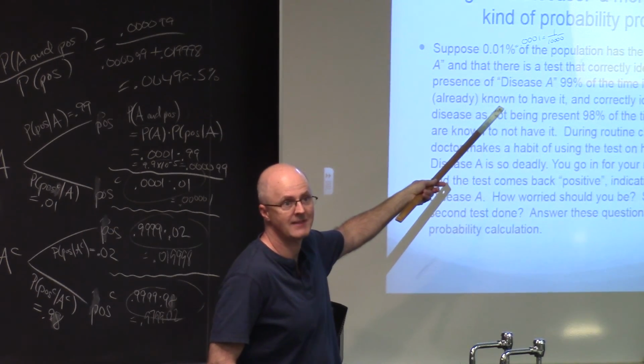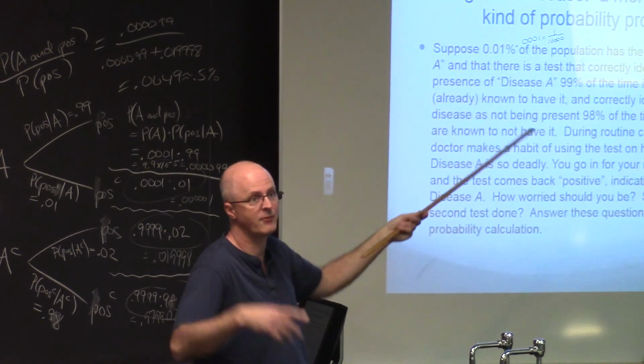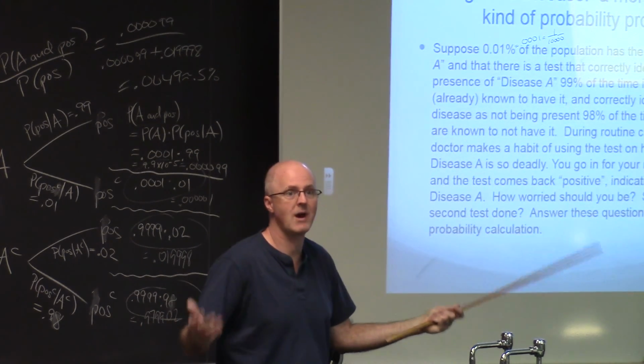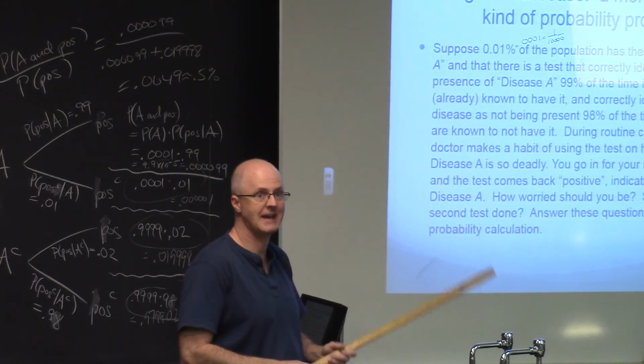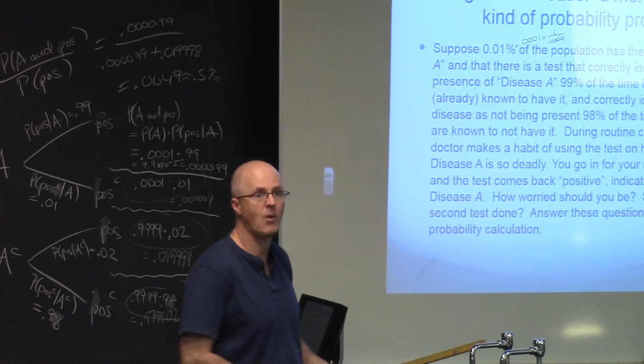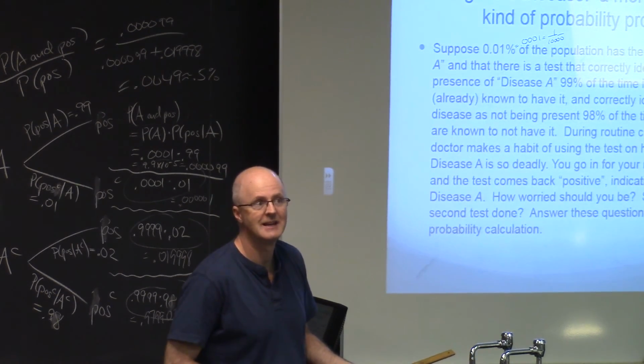Only 1 out of every 10,000 people have it. Your probability did go up. Before you got the test, you only had a 1 out of 10,000 chance of having the disease. After having the test, your probability went up to about 1 out of 200. But it's still a small probability, so you should still get a second opinion.